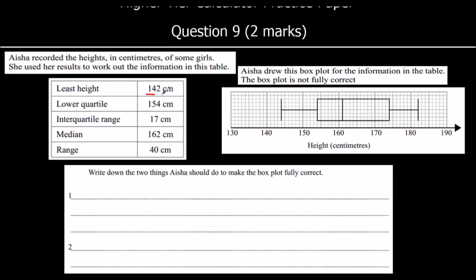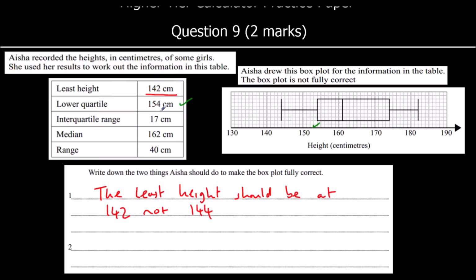So the least height should be 142, but it's been drawn at 144. So the least height should be at 142, not 144. And we've got the lower quartile at 154. That seems to be correct. The interquartile range is 17.